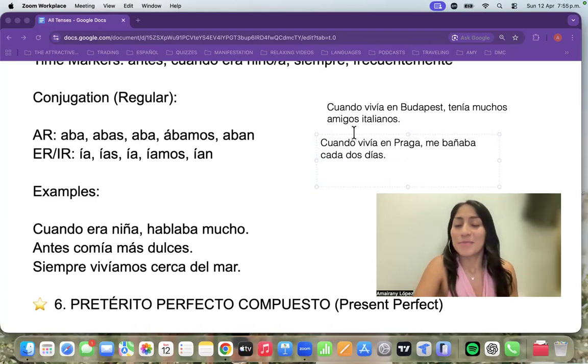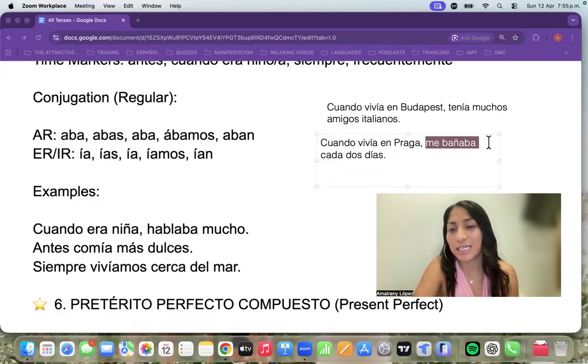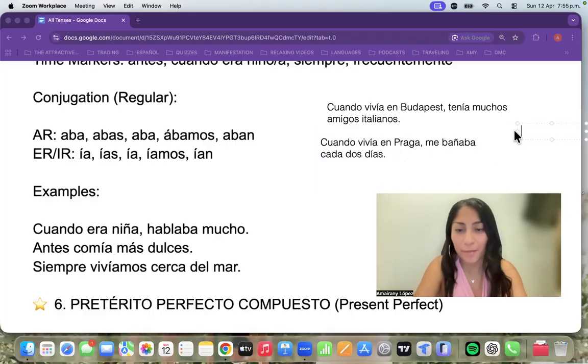But yeah, I wanted to show you guys how that reflexive verb would look like with imperfecto. And for example, yesterday I showered. That would be ayer me bañé. So the imperfecto works as any other verb as long as you add your reflexive pronoun at the beginning. And what is the reflexive pronoun? We talked about it.